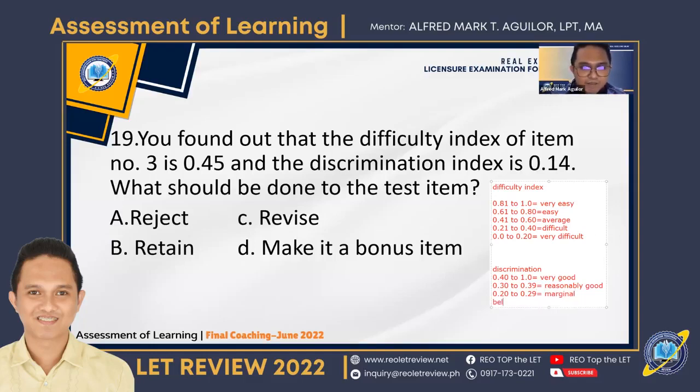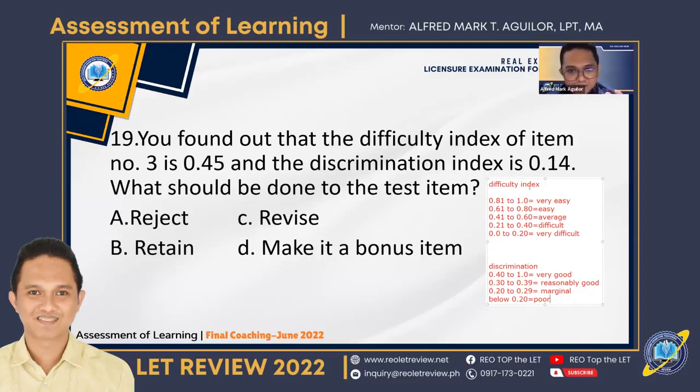And then below 0.20, that's a poor test item. Okay, this is how we interpret. Okay, now in this item, by the way, we can only reject, revise, or retain a test item after considering the difficulty index and the discrimination index. You have to consider again these two measures.